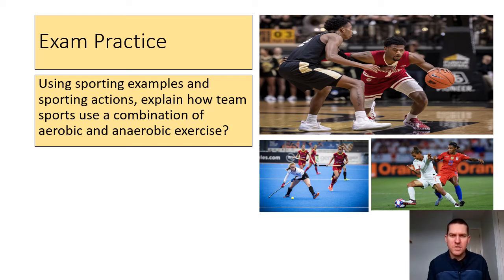So if we think of basketball, football, hockey as prime examples, at any point during the game we could be walking, jogging, running, or doing some sprints, and that's showing a combination of aerobic, so working with oxygen when we're working at a low and medium intensity, when we're jogging and walking, but then the sprinting element of those team sports will involve anaerobic.